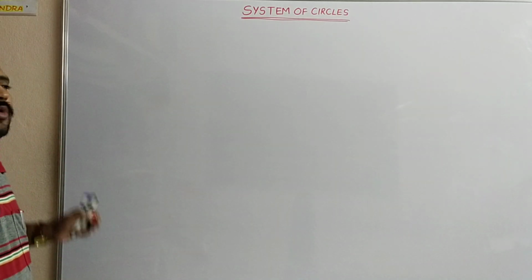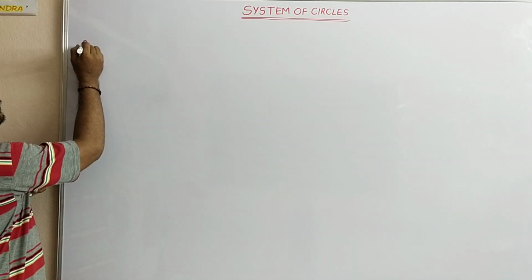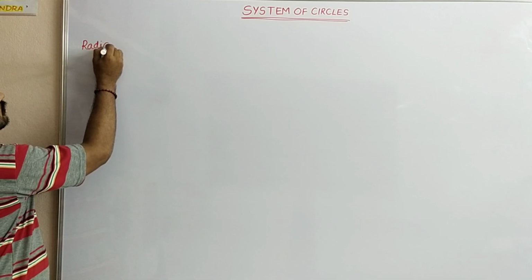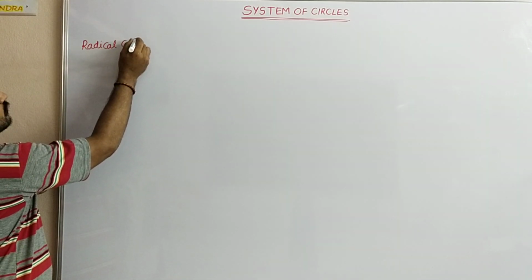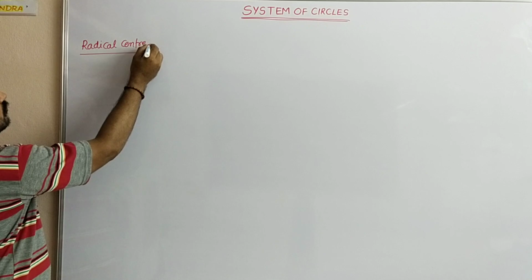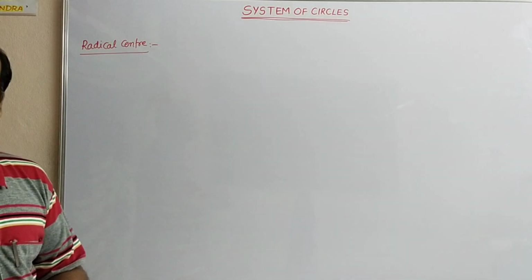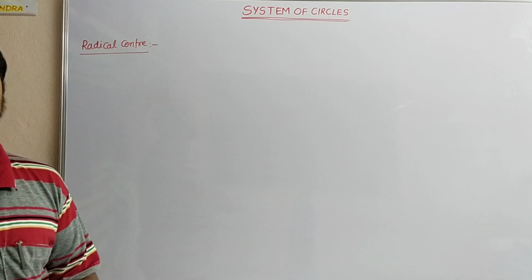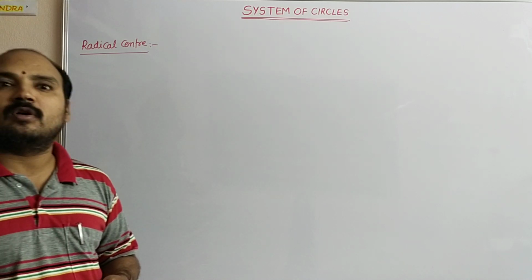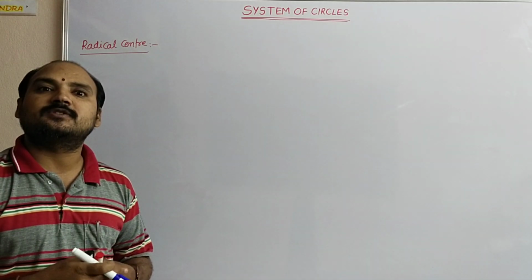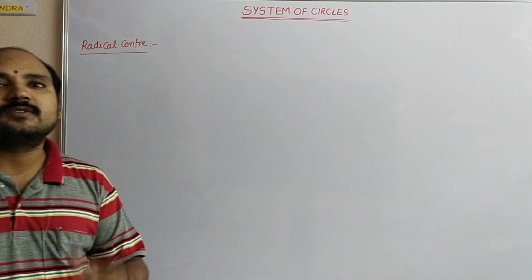Now we will discuss radical center. What is meant by radical center? The point of intersection of the radical axes of the given circles is called the radical center.